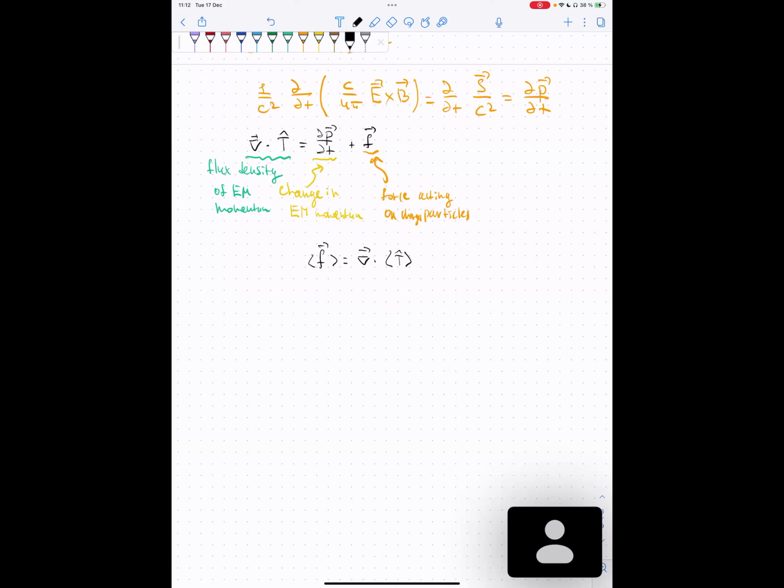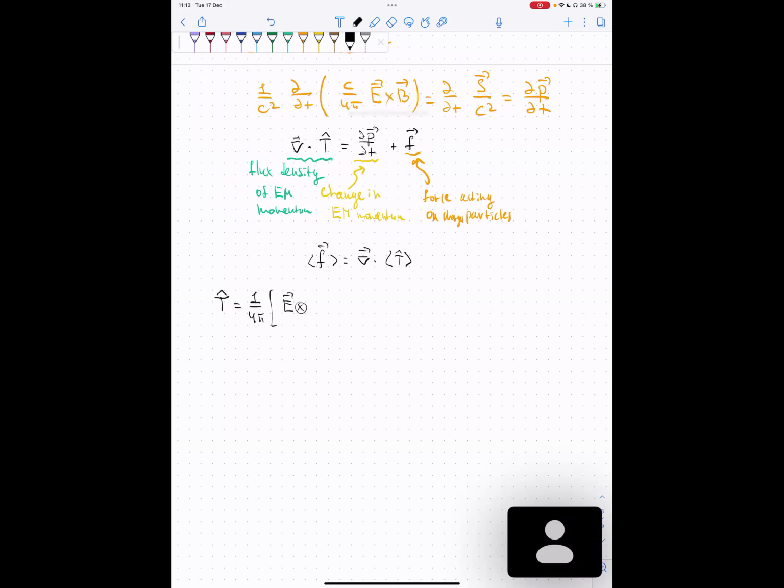So something like this, and this T once again equals 1 over 4 pi. Excuse me, the previous expression is for monochromatic, you said, yes? No. This one is for an arbitrary electromagnetic field. But when we consider monochromatic fields, we will take the time average over the period.